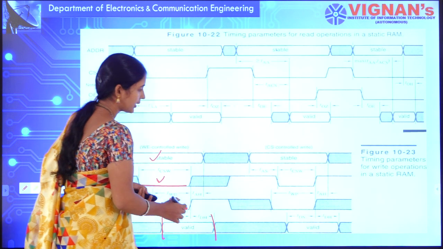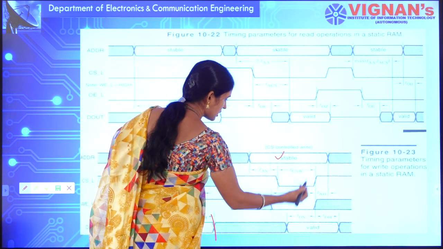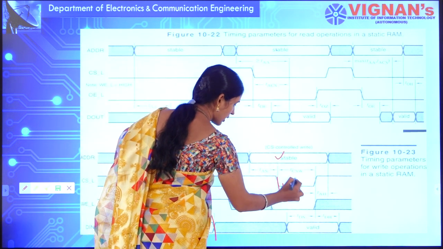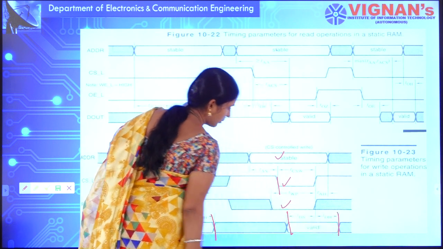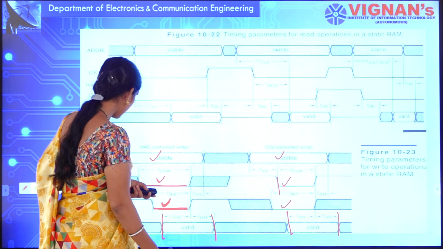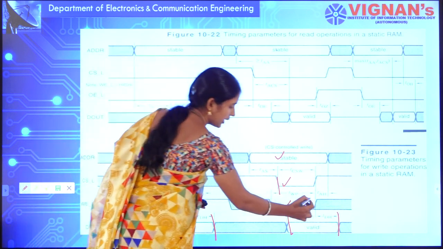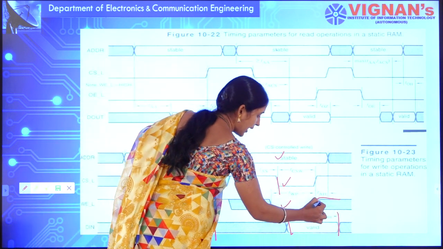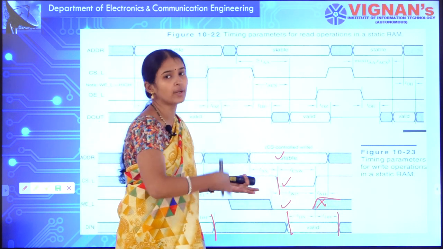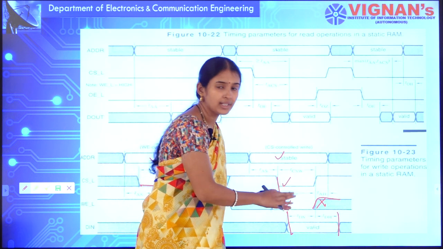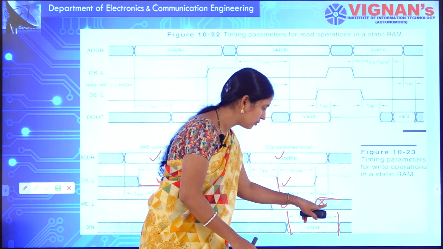I can see here that the address is stable, write enable is asserted, and chip select is asserted; only then can you write the data into that particular address. Again, if you see here, write enable is deasserted, that means you are not asserting your write enable.